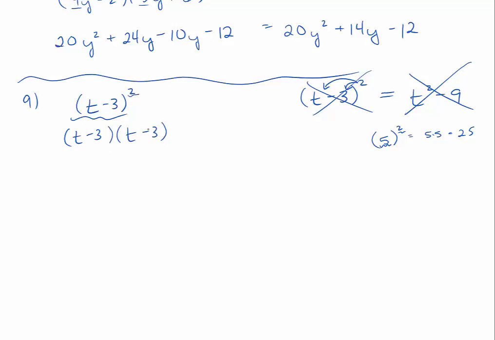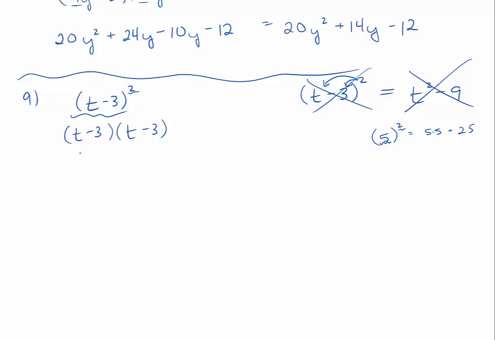Once I get it to look like this, it looks like one of the previous problems that we did, and it's really not that hard. So if we FOIL this, we have t times t, t squared, minus 3t, minus 3t, and then minus 3 times minus 3 is plus 9.